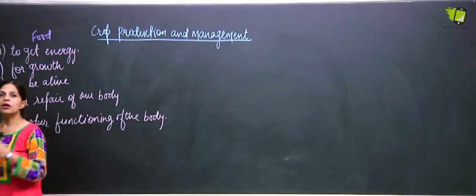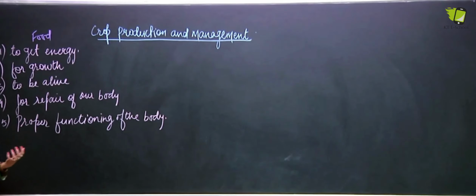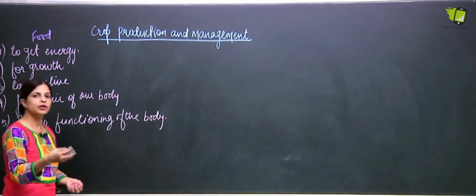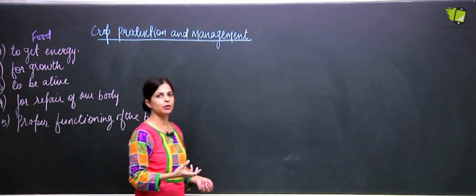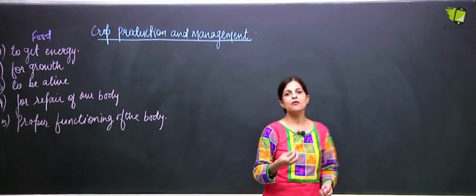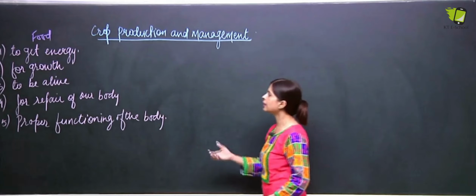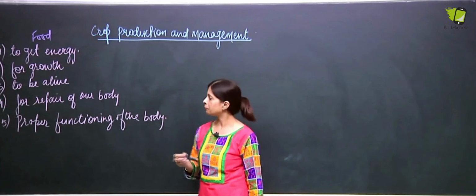Now, from time to time we get small injuries, like the cutting of a finger or a small cut, and we need to repair them. In general also our cells die. For the formation of new cells, for the repair of our body, again we need food.